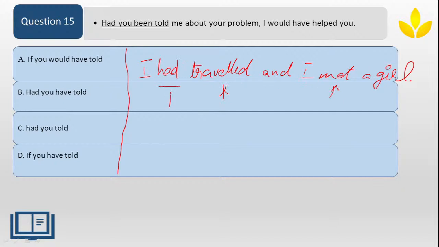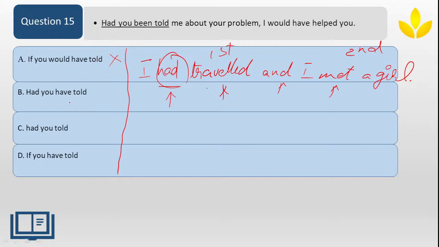So by making it perfect, I can talk about this is the first action, this is the second action. I can easily distinguish the timeline here. So I was traveling, that is the first action, then I met a girl as the correct. Even though I am using the conjunction and, the meaning will be this is the first action, this will be the second action. So if you would have told me again, it's not gonna help.